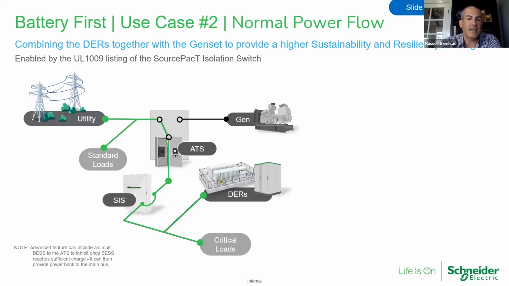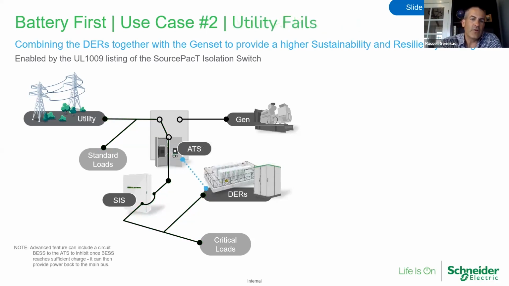If we take this scenario now and we lose power, like we did before, as you see that green line go away, the inverter is going to send that signal to the ATS saying, hold on, wait, wait, wait. And while it's saying wait, the isolation switch is signaling it to go to grid forming, and it's going to create voltage to be able to power the load itself. So this whole time, there's basically a signal being sent to the ATS saying, wait.